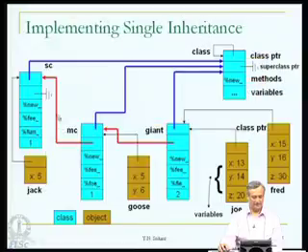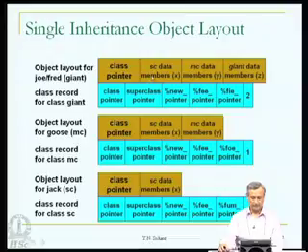For example, here, this SC has only one variable x, this MC has x inherited from here and y its own, and giant inherits x and y from the super classes and z is its own. So, we have SC data members, MC data members and giant data members. So, this is the layout for objects of type giant.